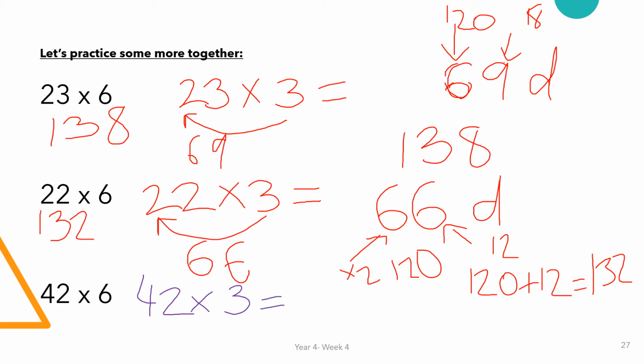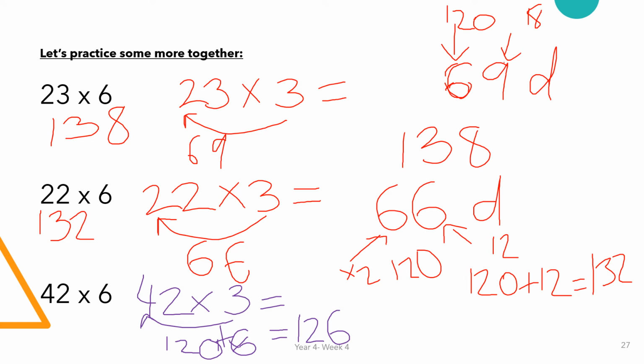Again, split strategy. 3 by 4 is 12, or 120 because we're in the tens column. 3 times by 2 is 6. So 120 plus the 6 is 126.